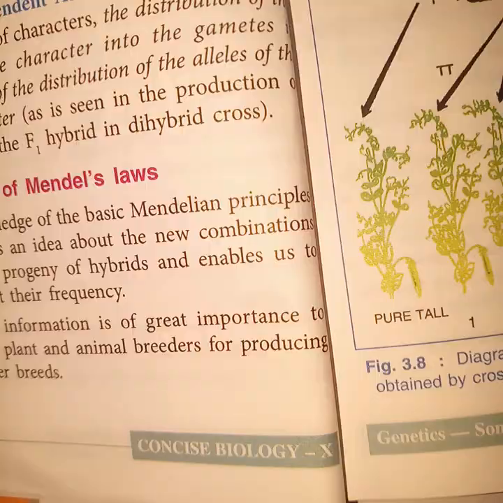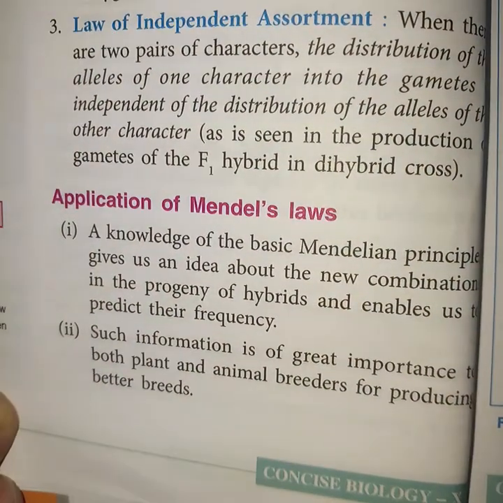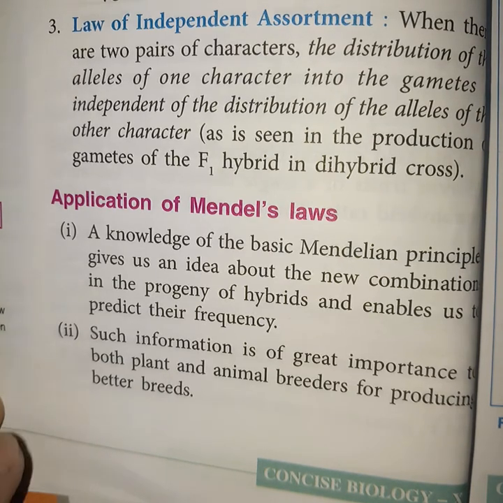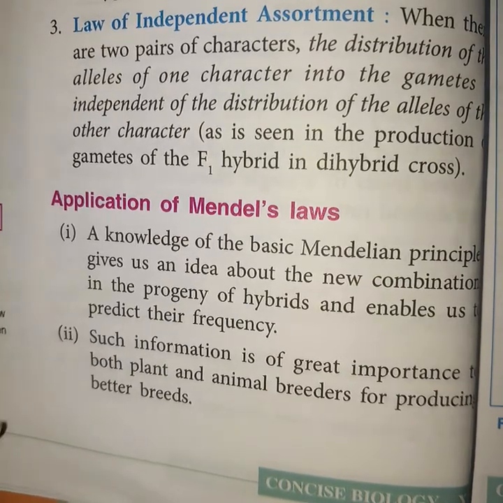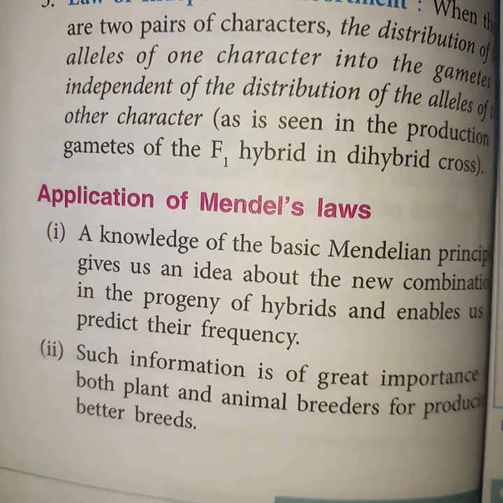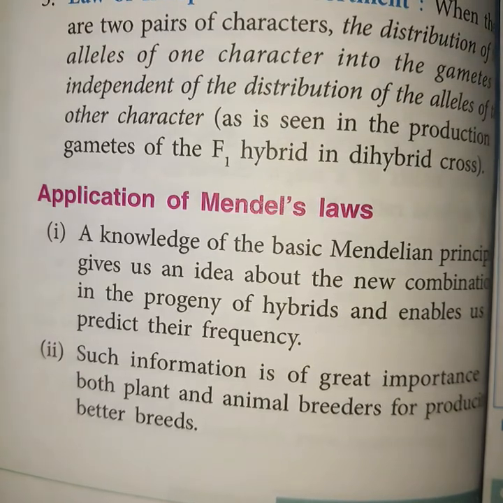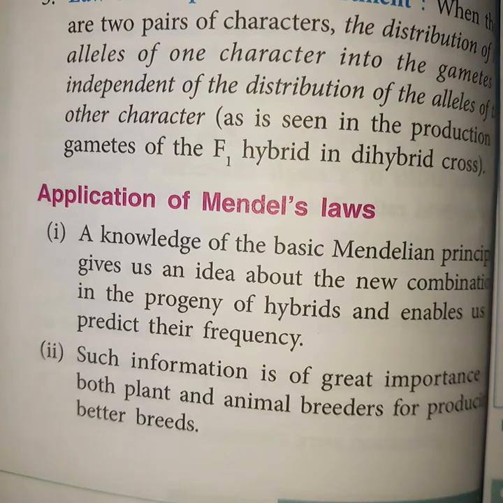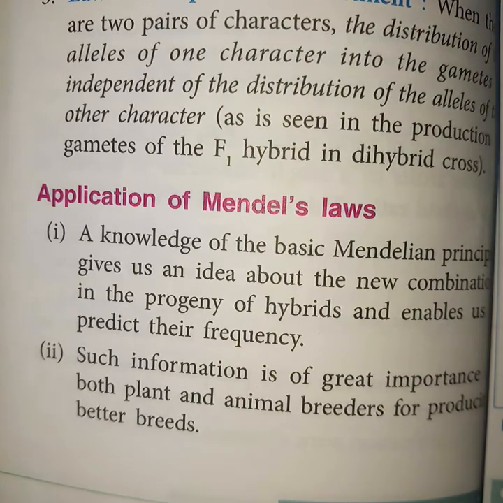Second, such information is of great importance to both plant and animal breeders for the production of better seeds. Nowadays we have improved seeds for better and high production of various foods. This is only due to Mendel's principle.